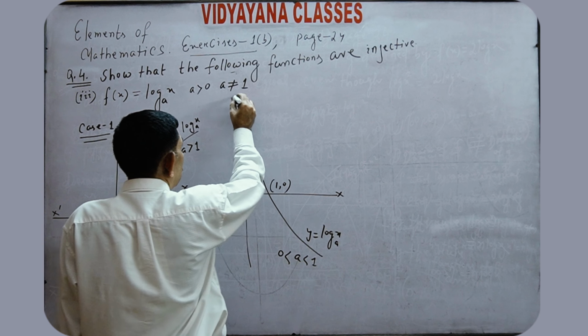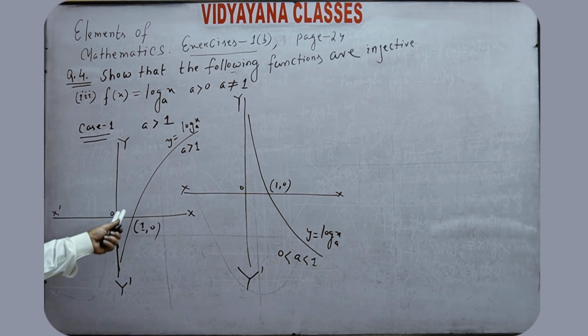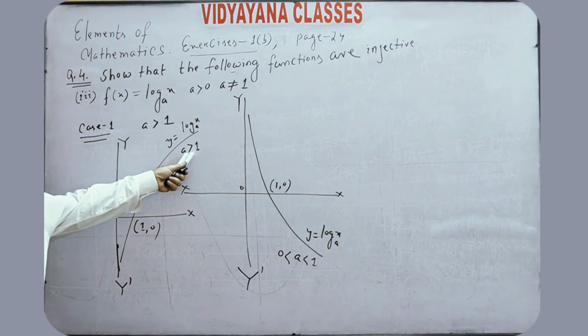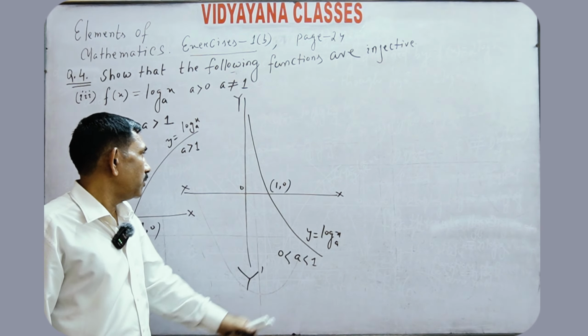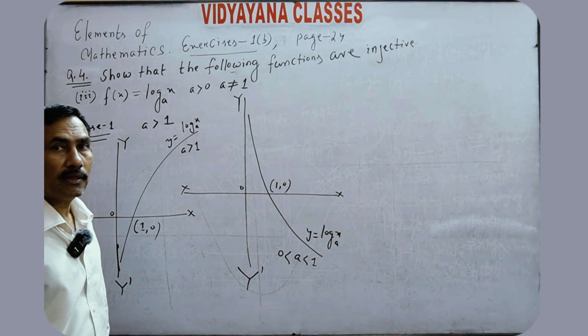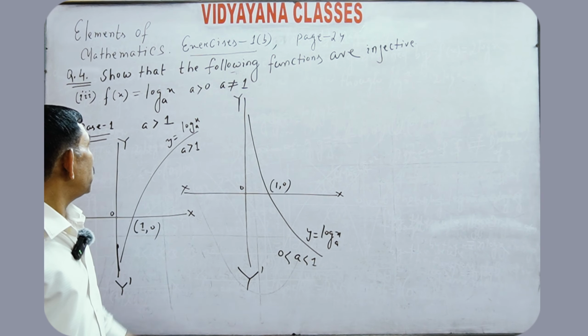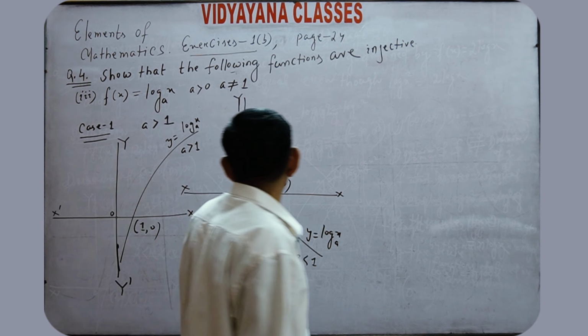In the case a greater than 1, the function is increasing. When a is between 0 and 1, the function is decreasing. Every increasing or decreasing function is injective. But we have to show it by the definition method.